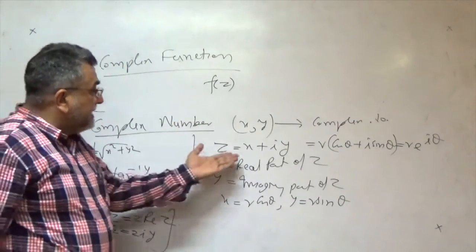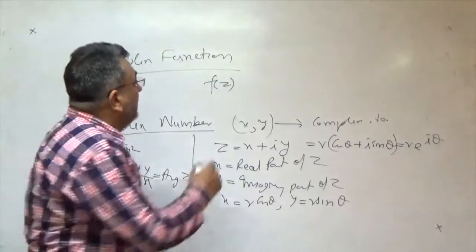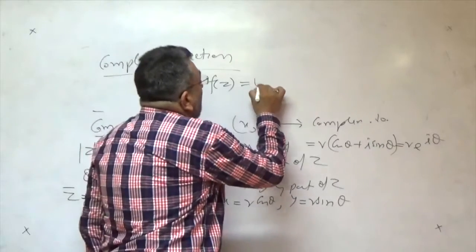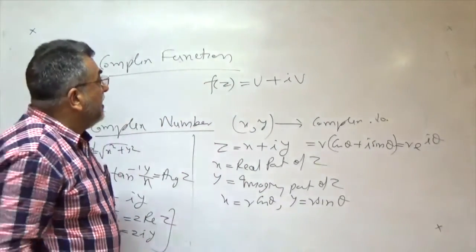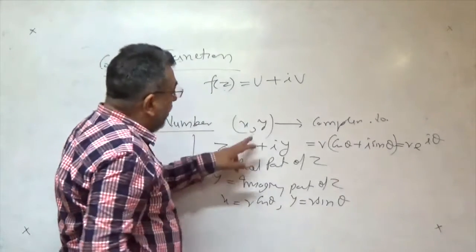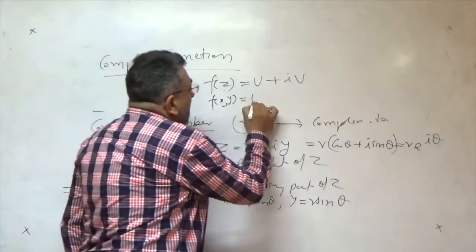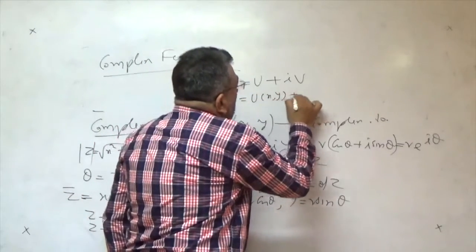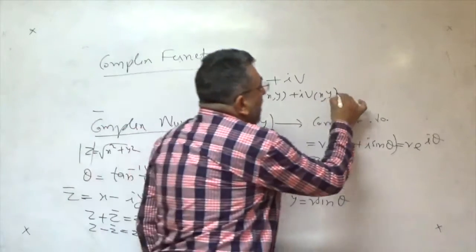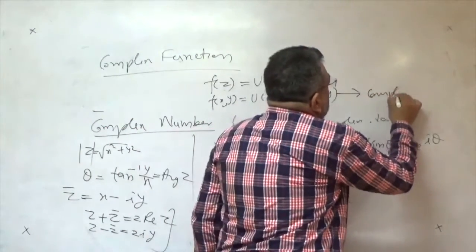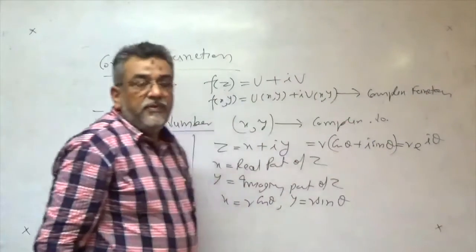Then, as in complex number there is a real part and imaginary part, similarly here the complex function has 2 parts, u plus iv. Here f of z, because it is an ordered pair, is a function of 2 variables, f of x y. u is also a function of 2 variables, v is also a function of 2 variables, and this is a complex function.